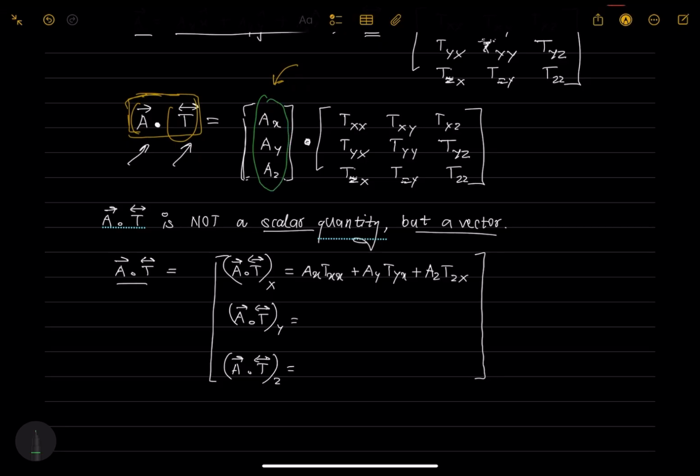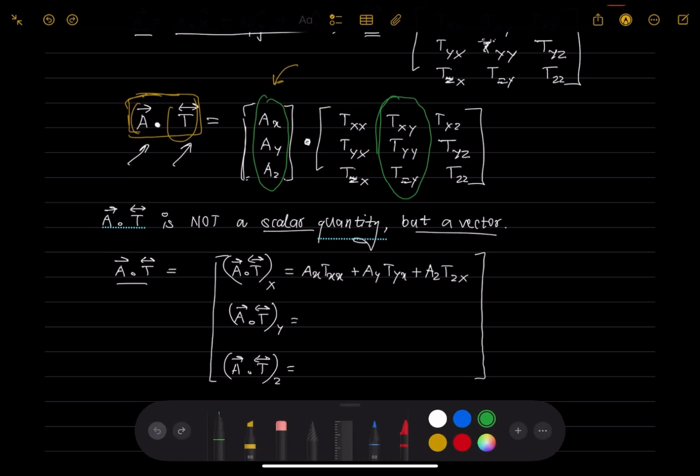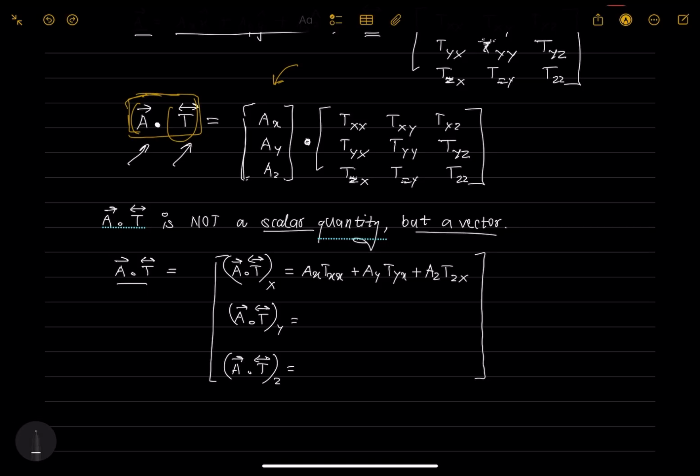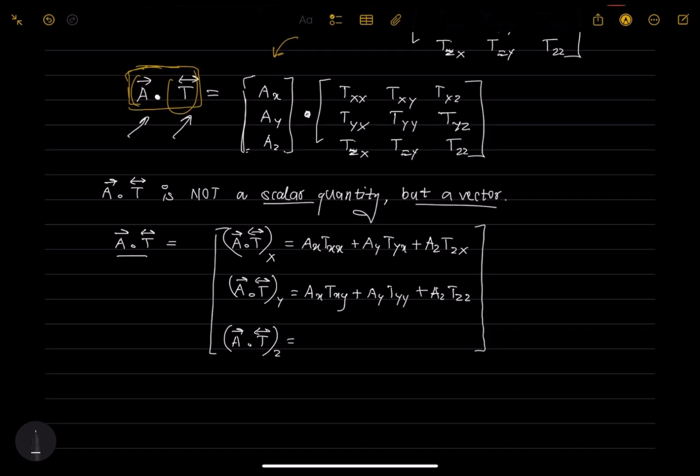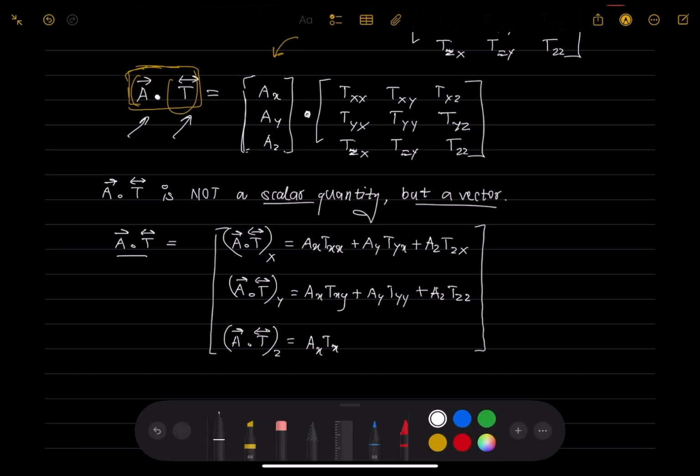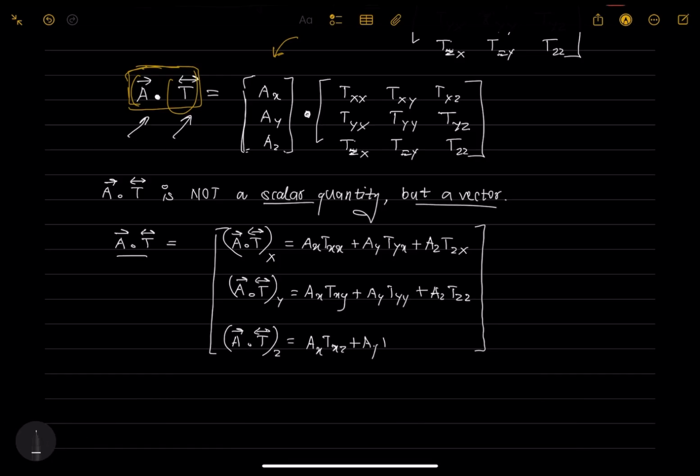You take the dot product between this and the y terms, the y column. So that's going to be ax times txy plus ay times tyy plus az times tzy. And following similarly, the z component of the dot product is going to be ax times txz plus ay times tyz plus az times tzz.